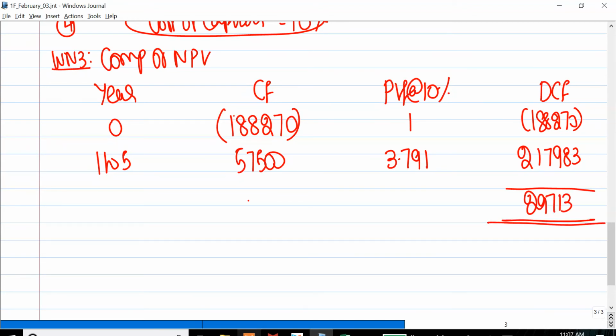The project is generating a decent amount of NPV. Some 29,000 of NPV is being generated by the project.